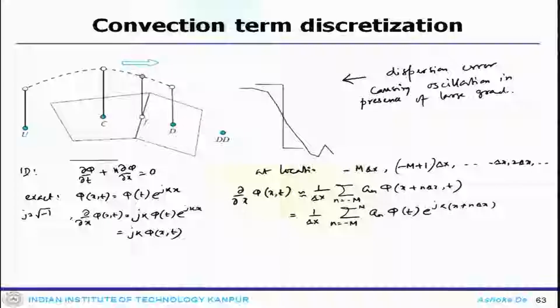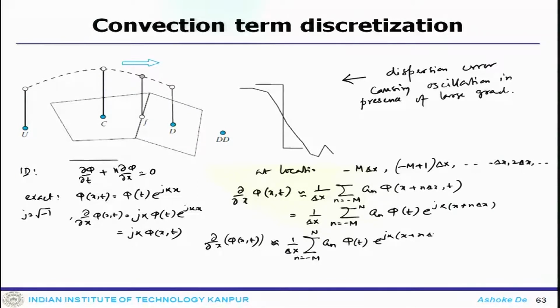Now, we substitute the assumed solution, and del x of phi(x,t) becomes equivalent to 1 by delta x summation of n from minus m to n of a_n phi(t) e to the power jk(x plus n delta x), which one can write as 1 by delta x summation of n equals minus m to n of a_n e to the power jkn delta x phi(x,t).